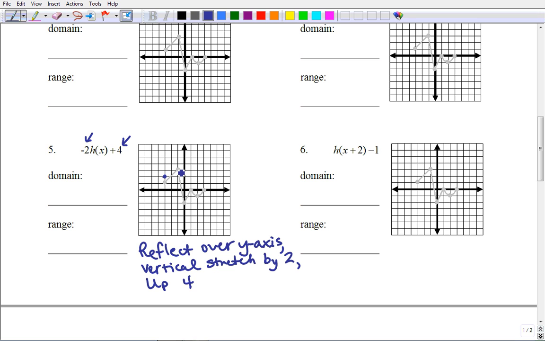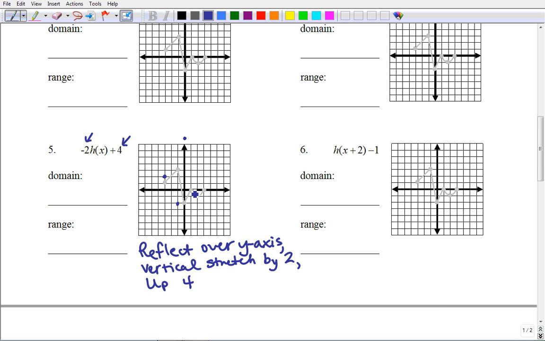The next point has a y value of 3, so we reflect it over 1, 2, 3, multiply it by 2, so 4, 5, 6, and then move it back up 4: 1, 2, 3, 4. The next point has a y value of -2, so we're going to reflect it over to +2, then multiply it by 2, so 2 times 2 is 4, and then move it up 4: 1, 2, 3, 4. Oh, it's going to go off the graph a little bit, but that's okay.